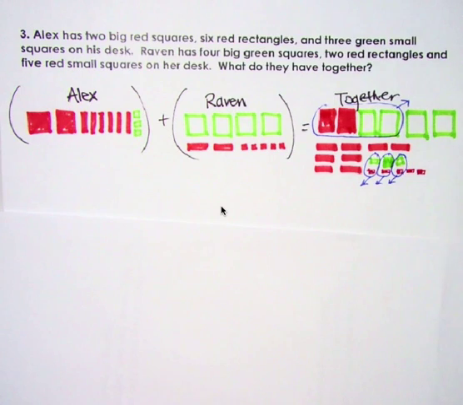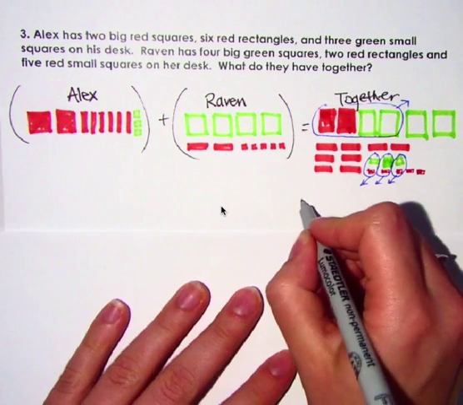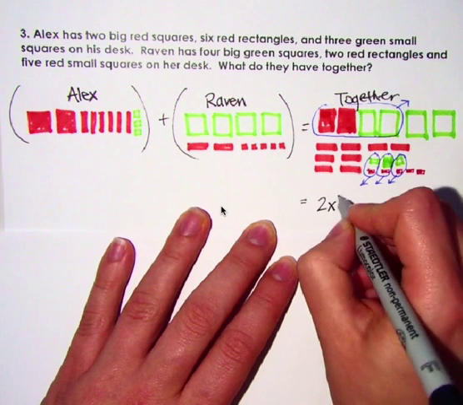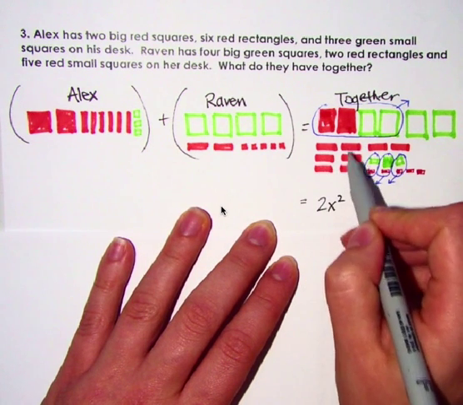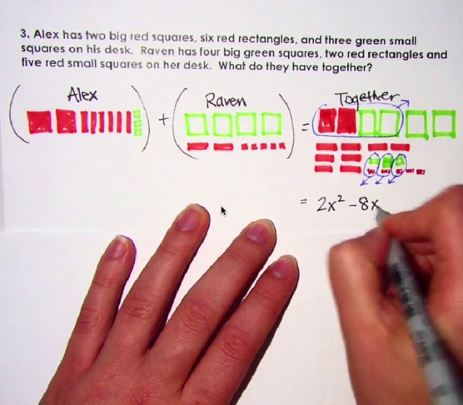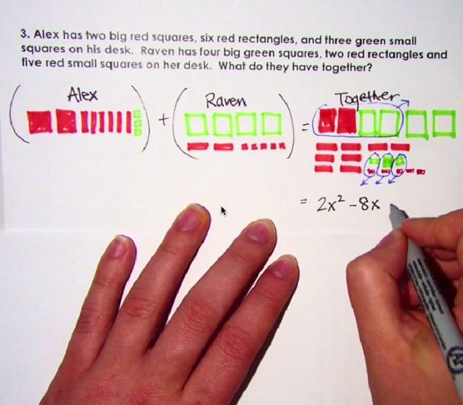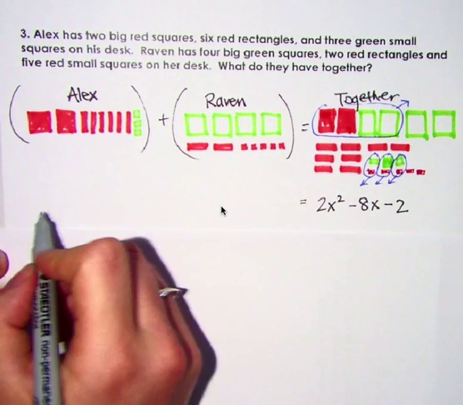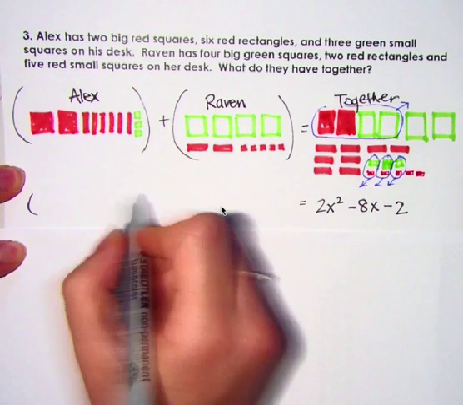All right, so our answer when we write our algebraic equation should be 2 positive x squares, and we have 1, 2, 3, 4, 5, 6, 7, 8 negative x's, and then you have 2 negative 1 pieces. Let's just make sure we have our algebraic expressions for the other 2 so we can check if we did that correctly.